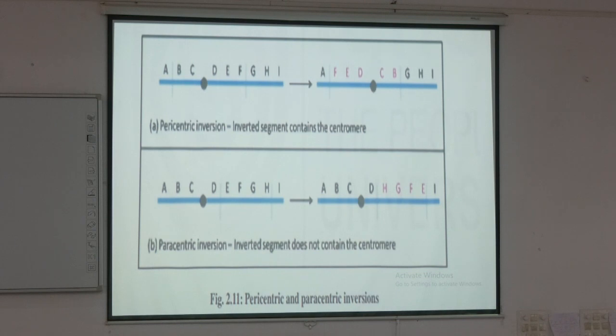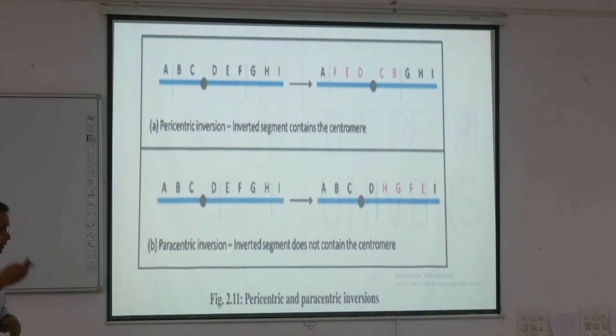So these two varieties of the inversions are there. But the key is it is involving the same chromosome. It is not that two other chromosomes are coming. It is a breakage of the same chromosome and rejoining of the same chromosome, but this rejoining is taking place in a reverse manner. Not the straight way, it is cutting and fitting in.